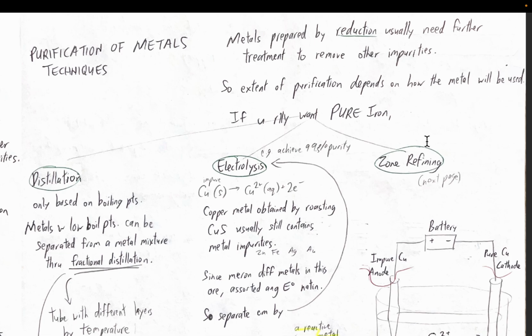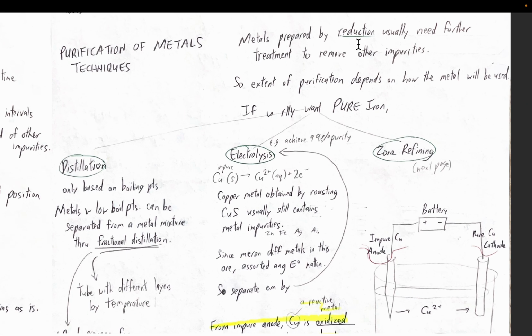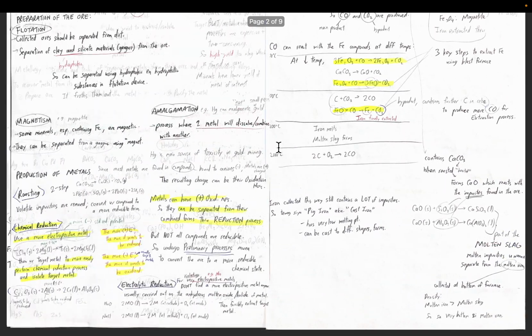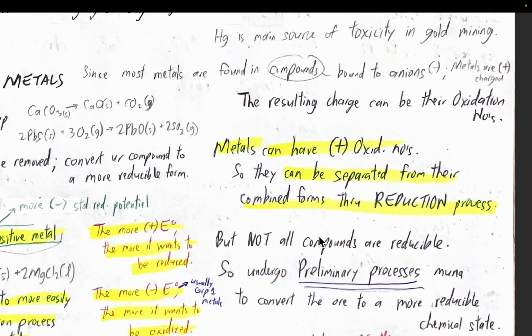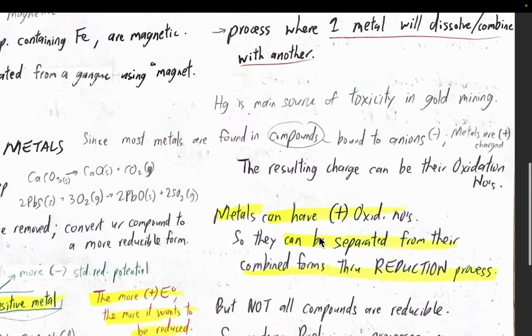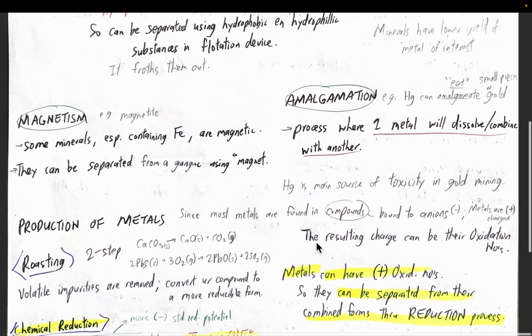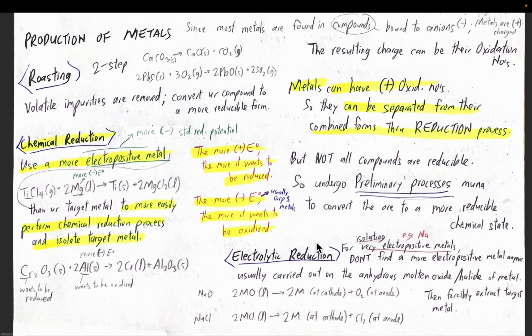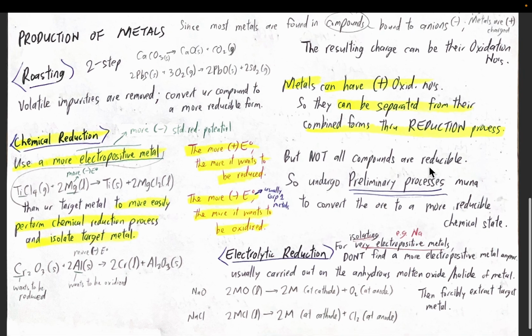Okay, so let's talk about purification of metals, the techniques. Metals are prepared by reduction. So again, you need to reduce the metals. For what purpose again? It's been mentioned here. Not all compounds are reducible.